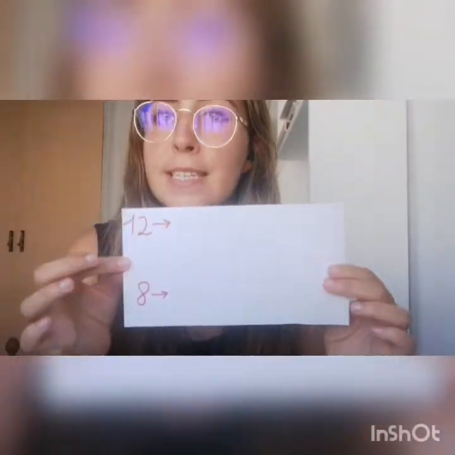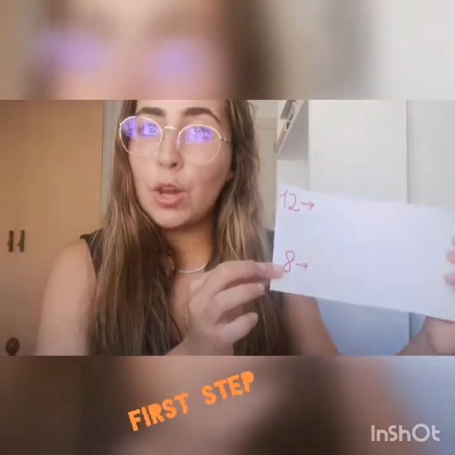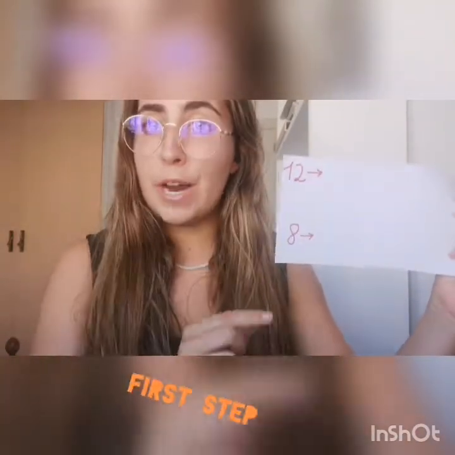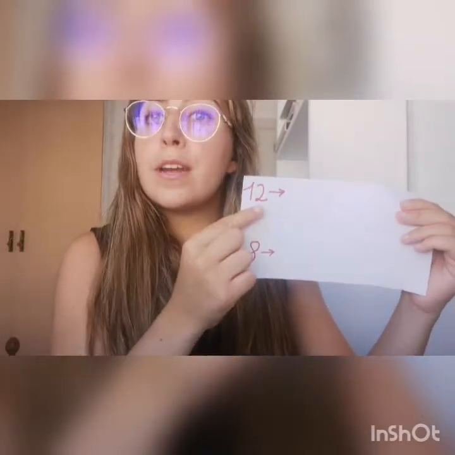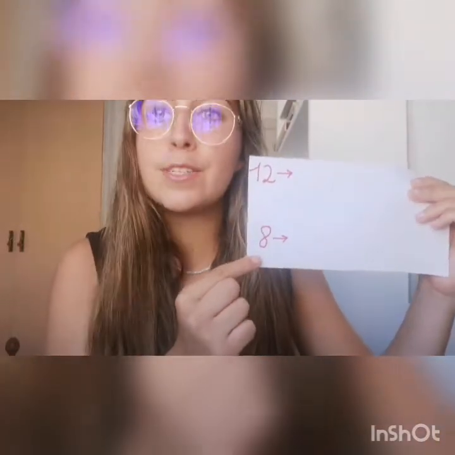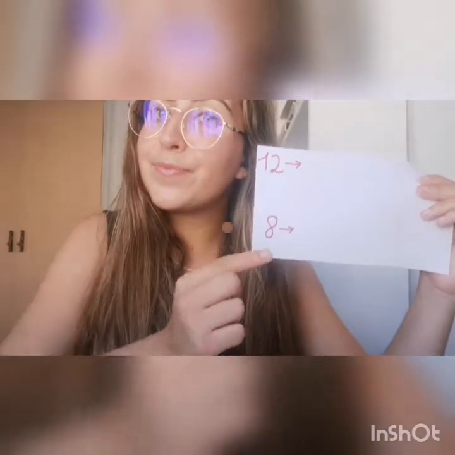The first step is to list all the divisors of each number, in this case, all the divisors of number 12 and all the divisors of number 8. But wait, I have a trick. As we said before, all numbers are divisors of 1 and all numbers are divisors of themselves.